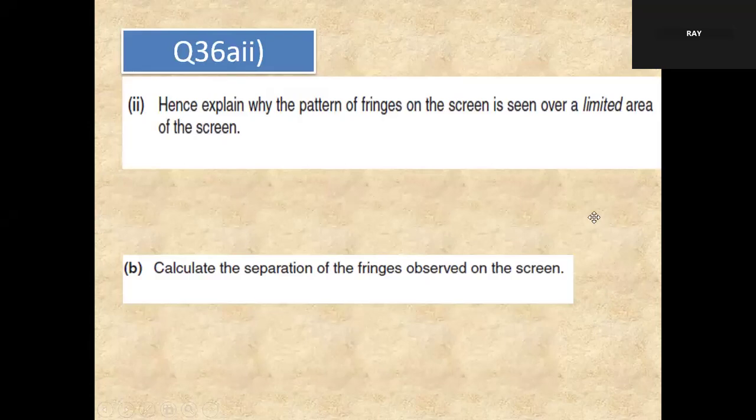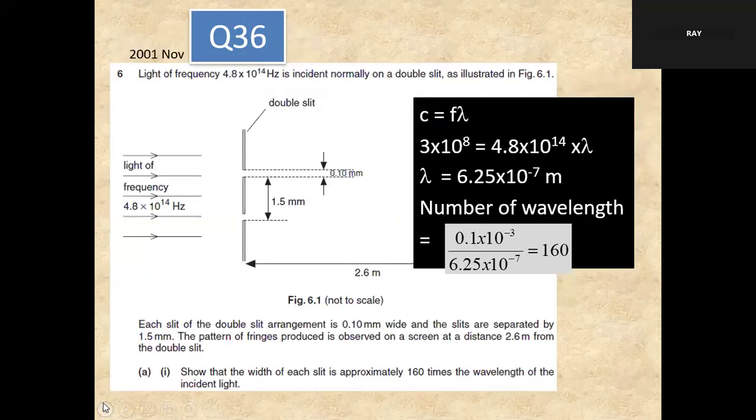Explain why the pattern of fringes on the screen is seen only within a limited area of the screen. You don't see infinite fringes, so you see limited fringes. It's related to this question now.